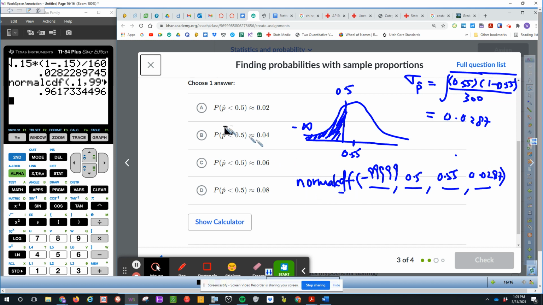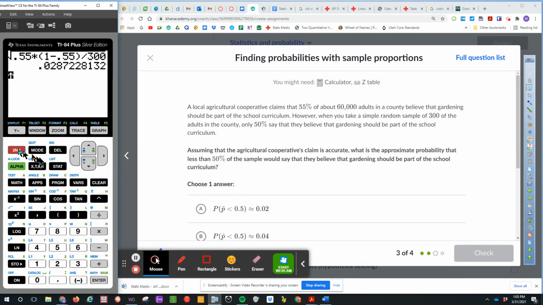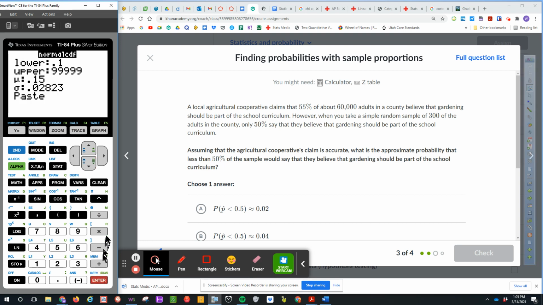So normal CDF, right? Probably need to write this down. Negative 9999, 0.5, 0.55, the mean, and then 0.0287. So if I go to second vars, calculator here, and then go to normal CDF number 2. My lower bound is negative 99999. Enter.